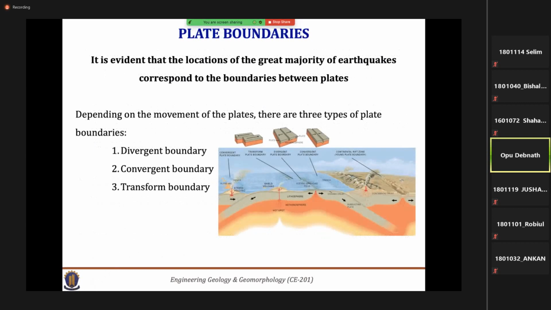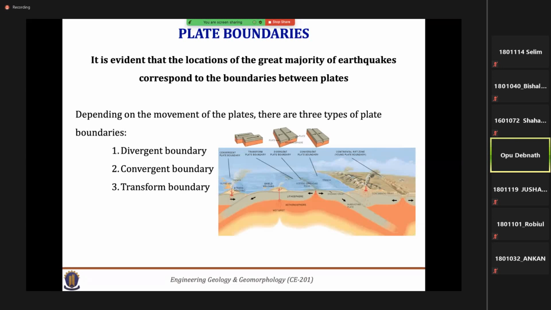So the next term is the plate boundary. That means the borderline of two major tectonic plates is known as the plate boundary. For the propagation of major earthquakes, the maximum earthquakes correspond to the plate boundaries.